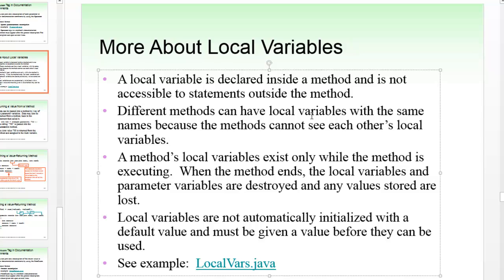It would be totally fine to have two methods with the same variable name as long as they were local. A method's local variables exist only while the method is executing. When the method ends, the local variables and parameter variables are destroyed and any values stored are lost.